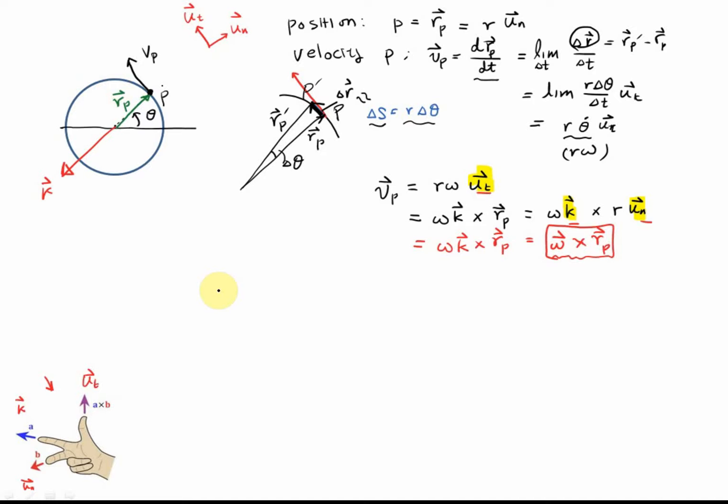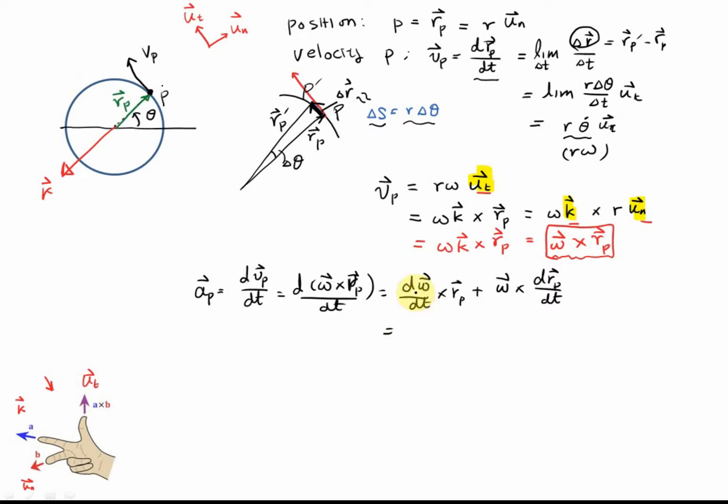And how about the acceleration? For acceleration, you have to take the time derivative of your velocity, right? So I use the vector cross product: the derivative of omega cross rp, which gives d omega over dt cross product rp plus omega cross product drp over dt.